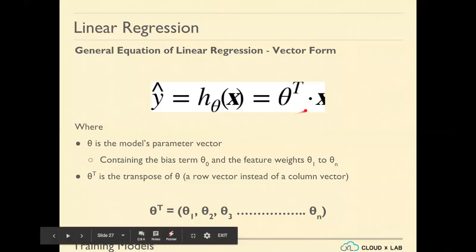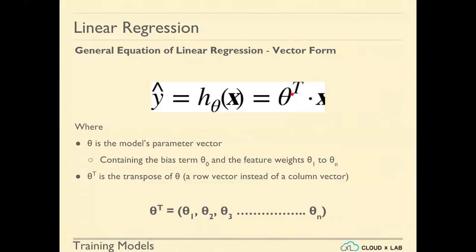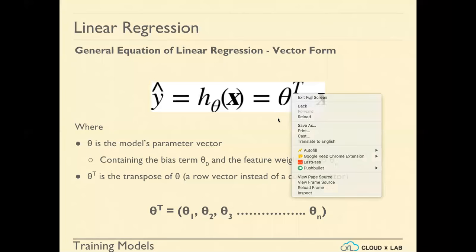So theta is a vector, right? Theta 1, theta 2, theta 3, theta 4, up to theta n, and theta naught is the bias term. When we transpose it, as in we make it from vertical to horizontal, right?